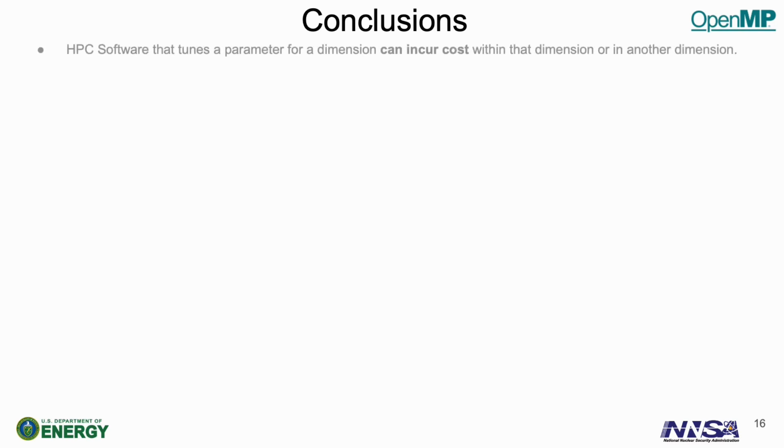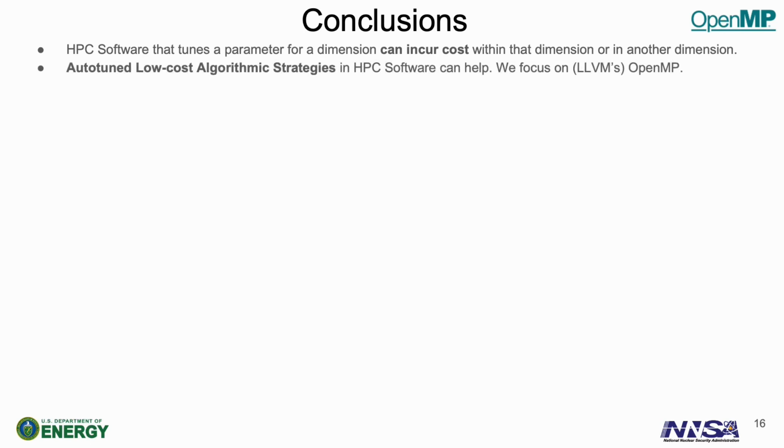So, in conclusion, I'd like to point out that there's a problem that in HPC software, tuning a parameter for one particular dimension can incur cost with that dimension or in another dimension. For solving this, we can consider these auto-tuned, low-cost algorithmic strategies. And in this talk, I focused on LLVM's OpenMP.